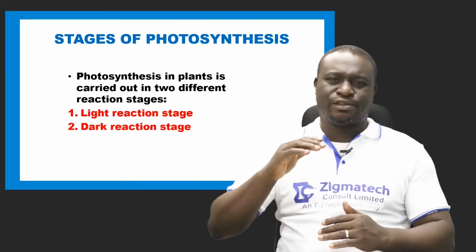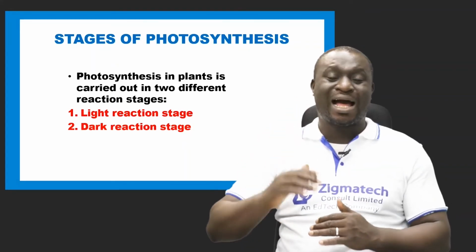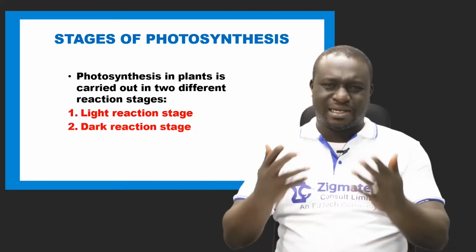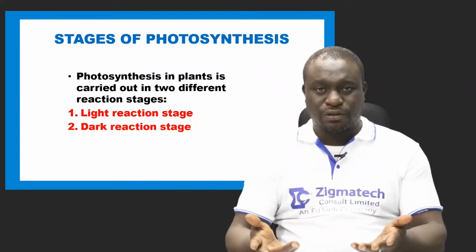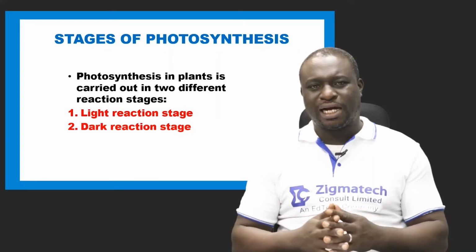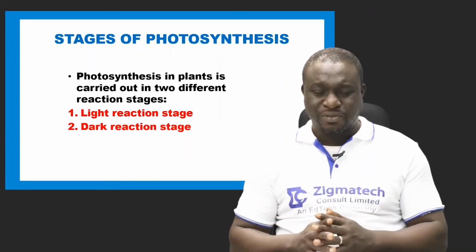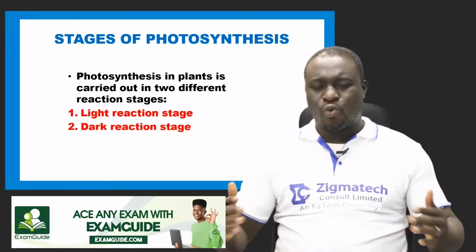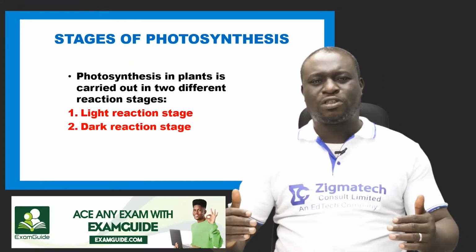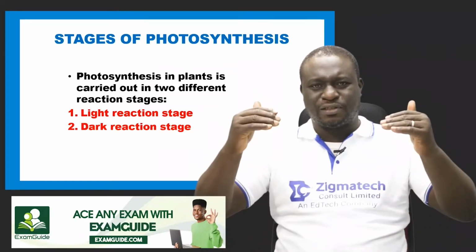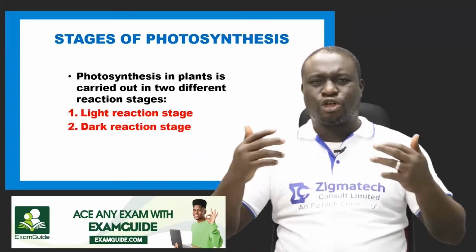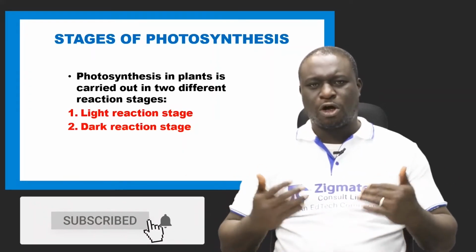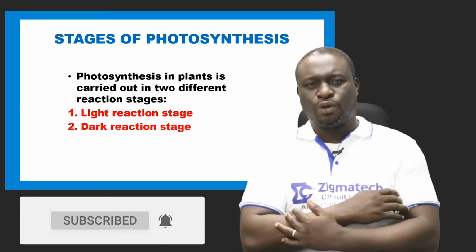So an increase in carbon dioxide level creates an environmental hazard. For instance, carbon dioxide is a greenhouse gas, and as a greenhouse gas, it can lead to global warming. So when carbon dioxide in the atmosphere increases, it brings about global warming. And of course, there are several effects that will come as a result of global warming.